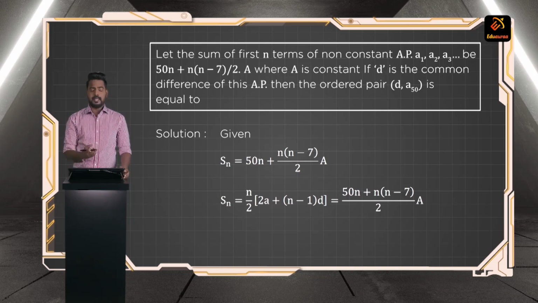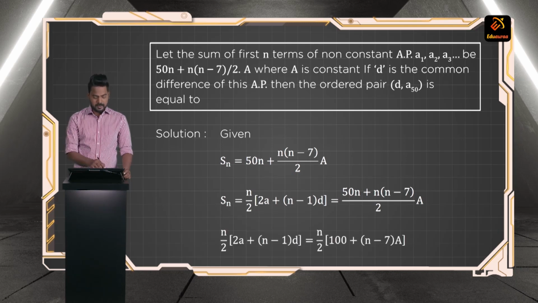On comparing, I can see there is one n common from the right hand side. So if I take n common, n by 2 into 2A plus n minus 1 D is equal to, taking n common and also 2 common, n by 2 into 100 plus n minus 7, the whole into A. So n by 2 will get cancelled.